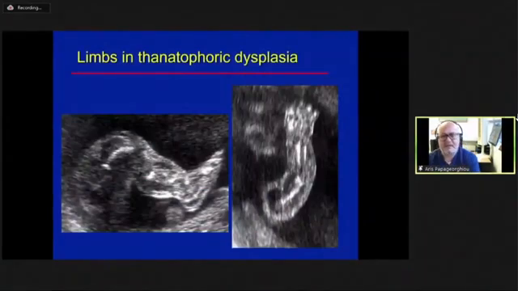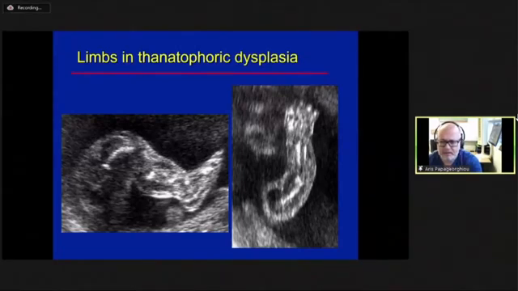The limbs in thanatophoric dysplasia, you can see that the limbs are sort of stubby, and you have lots of soft tissue that surrounds these small bones with ossification centers, as you can see there, really not being normal.